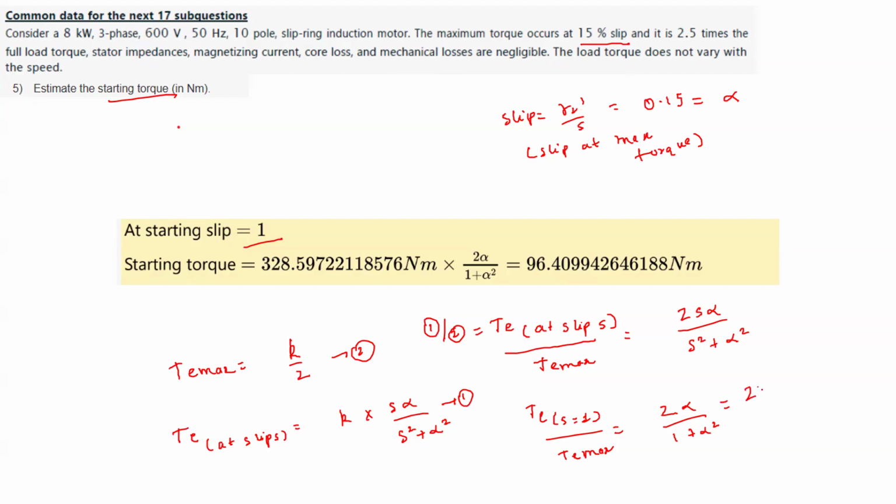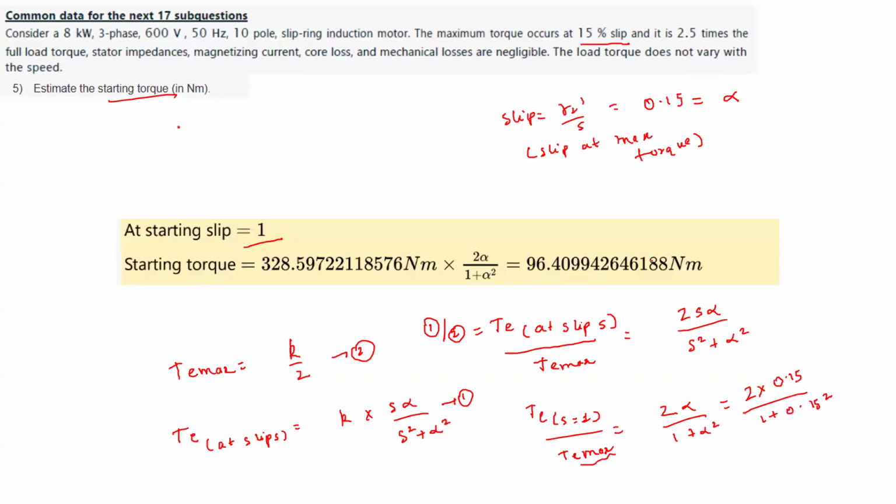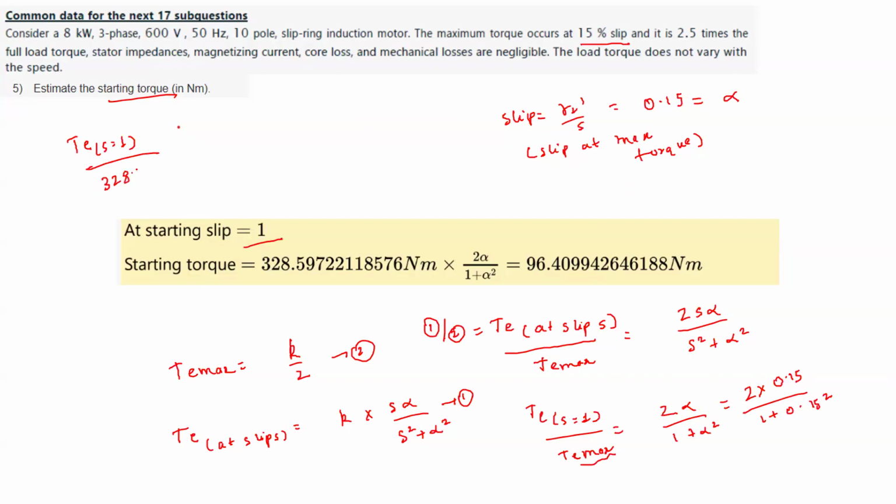Here you just put 2 into alpha, which is 15%, by 1 plus 0.15 square. The torque T max is already solved, right? T max we have already solved in the last question. This is 328.59. So I'm just writing here: T at slip 1 divided by T max value 328.59 is equal to 2 into 0.15 by 1 plus 0.15 square.